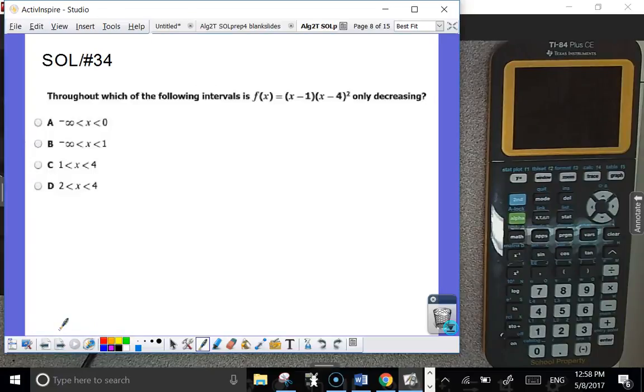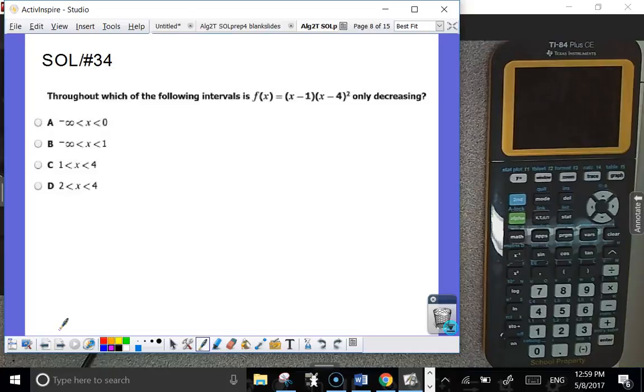Okay, throughout which of the following intervals is this function only decreasing? The first thing when we look at that, ultimately we'll graph this, so we can come up with a fairly good graph without a calculator. What's going to be the degree of that function?